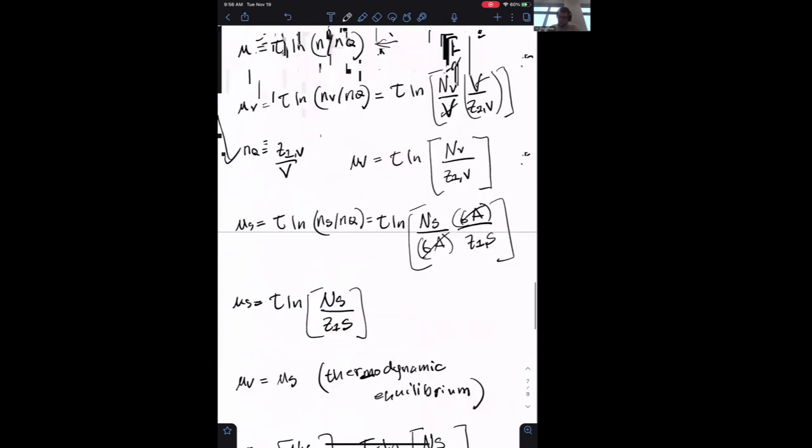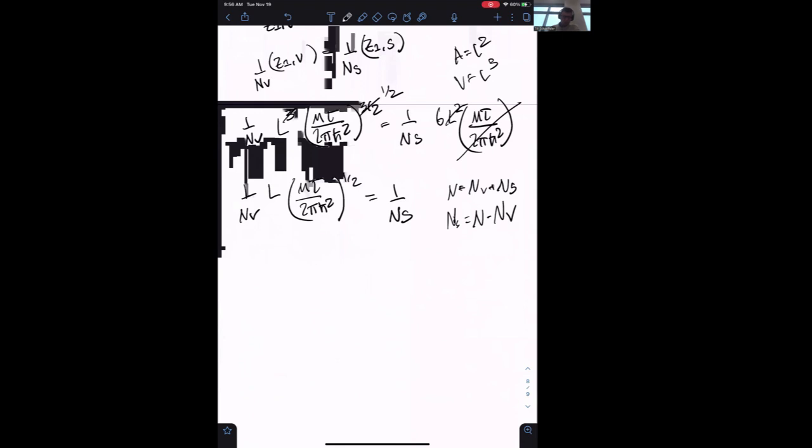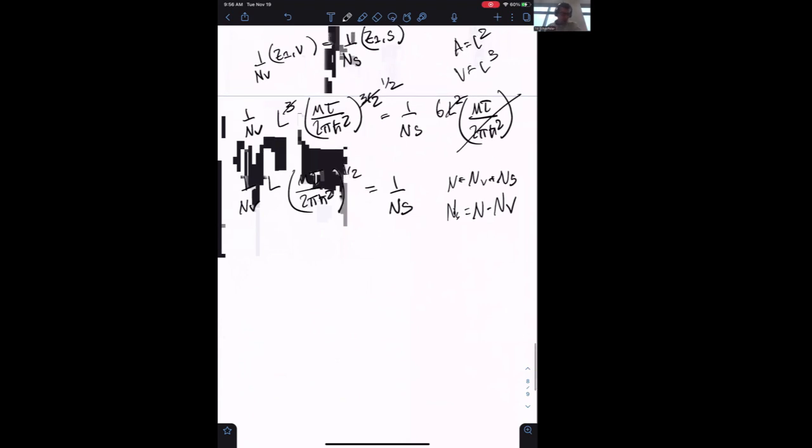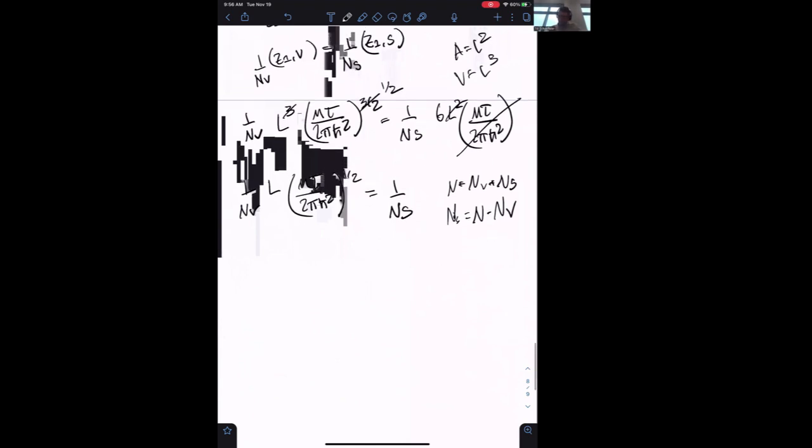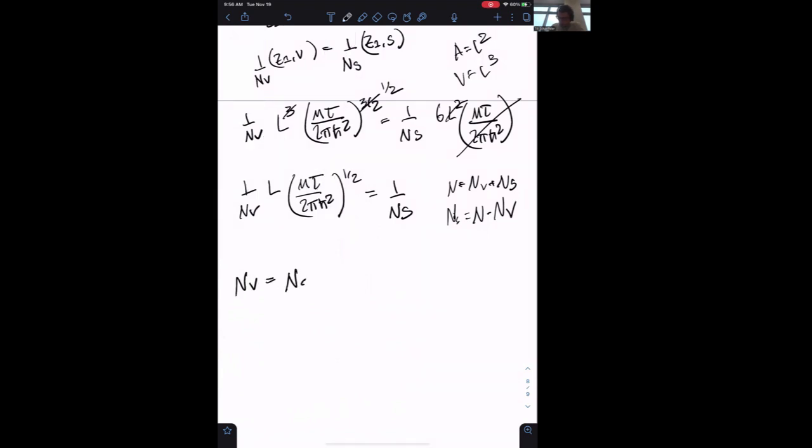So we're just going to solve this for ns is equal to n minus nb, and then plug that in. So let's see. NB is equal to NS.